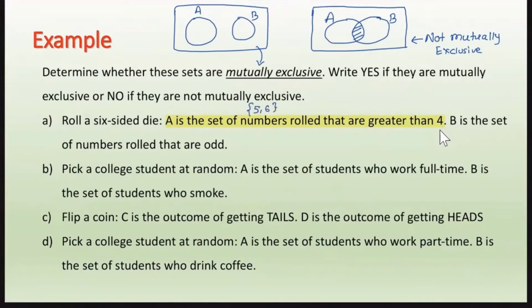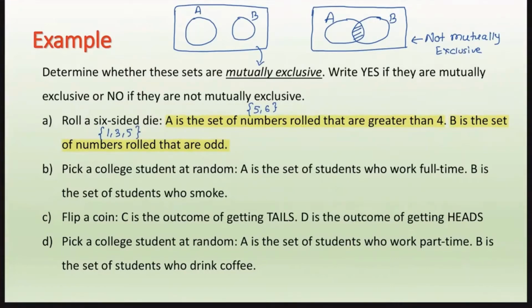And the second, B, is the set of numbers rolled that are odd numbers. What are the odd numbers? They are 1, 3, 5.